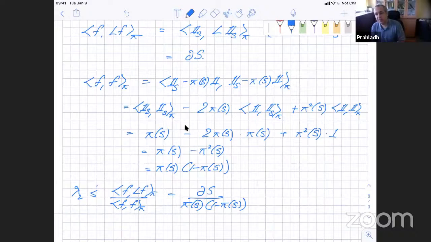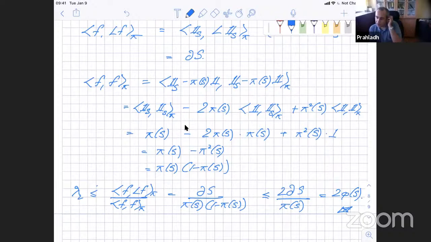Therefore, 1 minus pi s is always greater than or equal to half. Therefore, this quantity is less than or equal to dou s over pi s, which is 2 phi of s. This is the easy direction. This is similar to the expander mixing lemma. We just had a particular set, we wrote it down in the eigenbasis, and that was the end of the story. Are people with me over here?